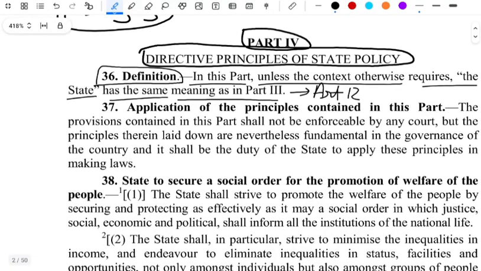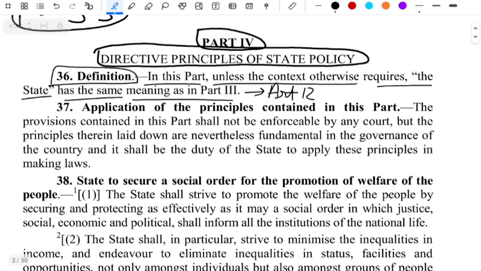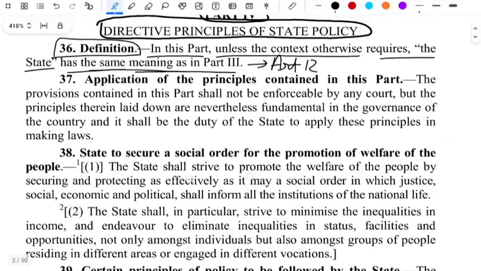So when you find Article 36 in the examination, you don't have to just write "same meaning", but you have to write the definition of the State in Part 3. You have to mention that Part 3 includes institutions like government machinery, and private institutions such as LIC are part of the State. So this definition also applies in Article 36.